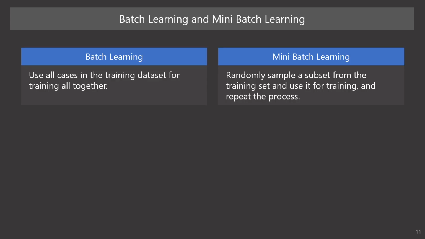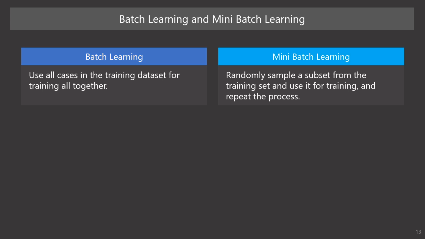Broadly speaking, there are two ways to use data for training. When we use all of the training data to train the model, the learning is called batch learning. But if the dataset contains a great many cases, using all cases of the training set requires much computational cost.